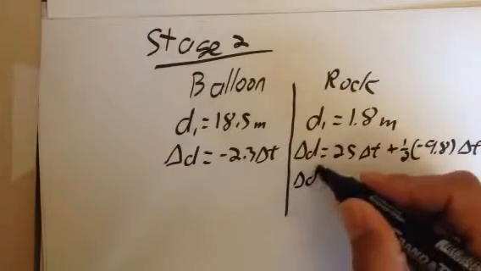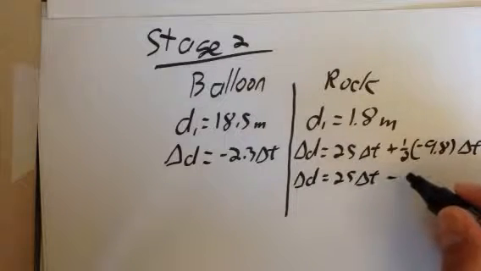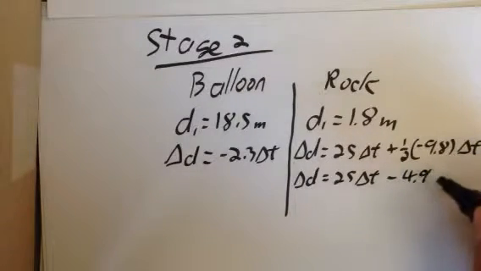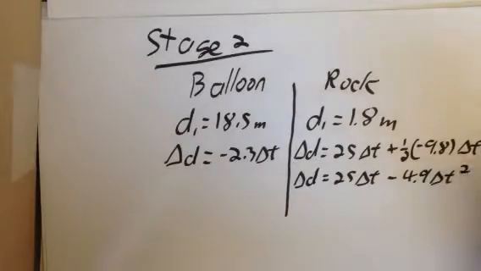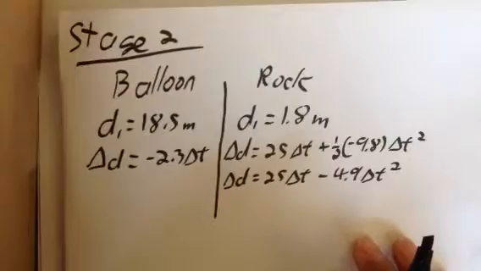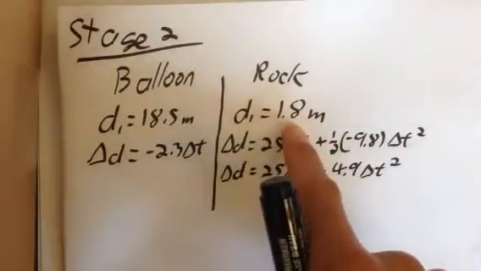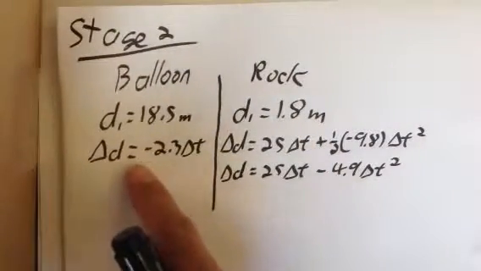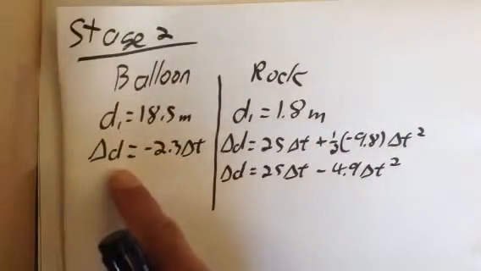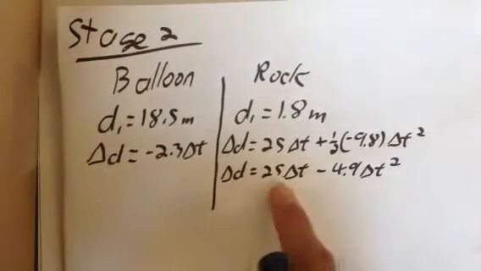And I'm just going to go ahead and simplify that. Okay, let me move this over so you can see it better. Okay, so stage 2, the balloon starts out 18.5 meters high, the rock starts out 1.8 meters high. The balloon's motion, so its change in position or displacement, is governed by this equation. Displacement of the rock, which is in free fall, is governed by that equation.